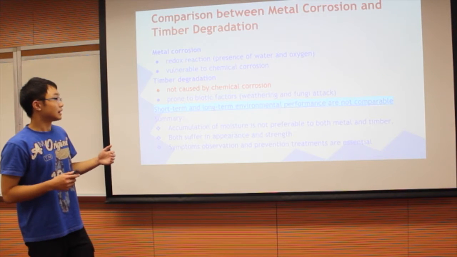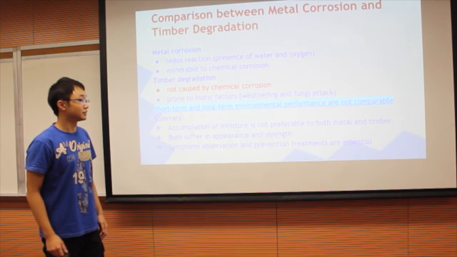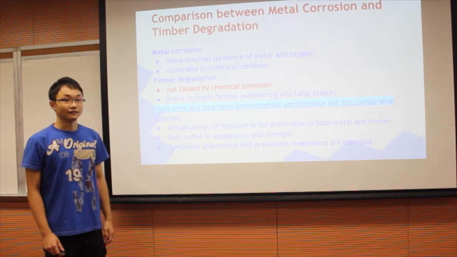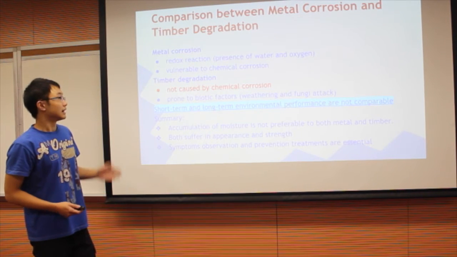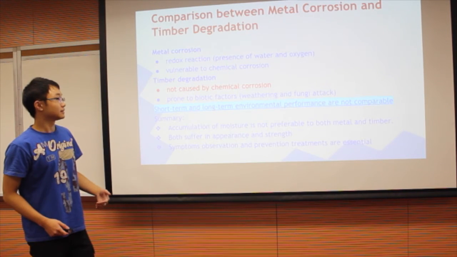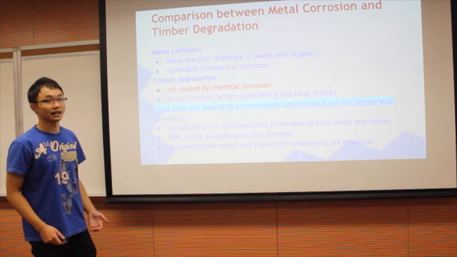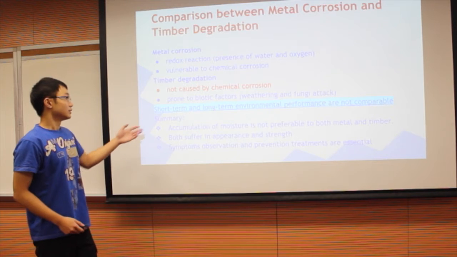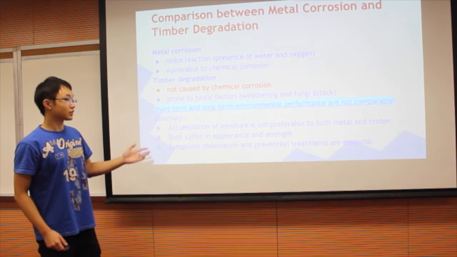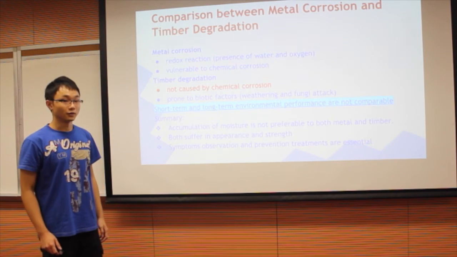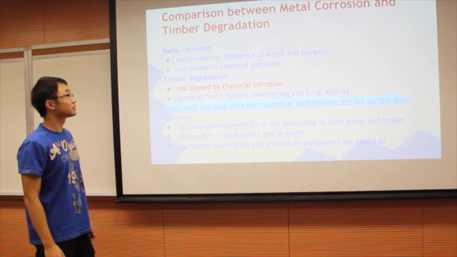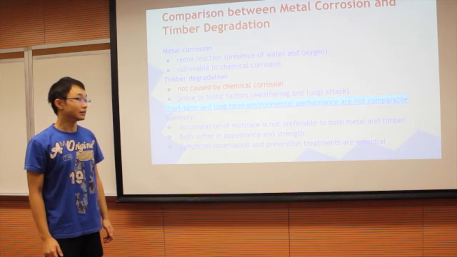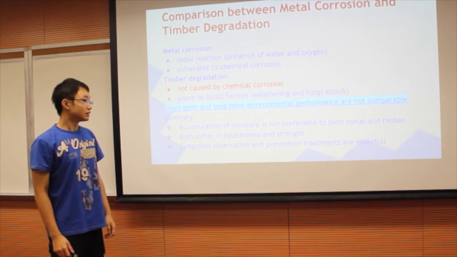It is, however, prone to biotic factors such as weathering and fungi attack. And as timber degradation is not caused by chemical corrosion, we cannot compare the short-term and long-term environmental performances of metal and timber in terms of corrosion.